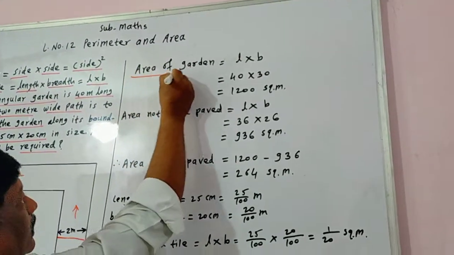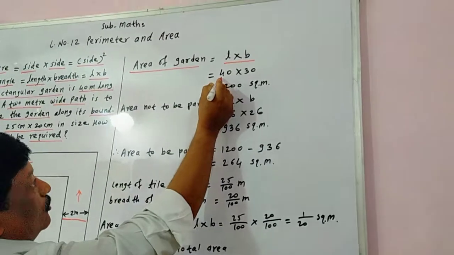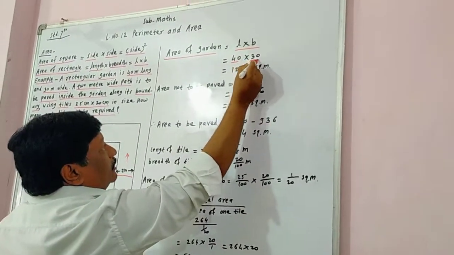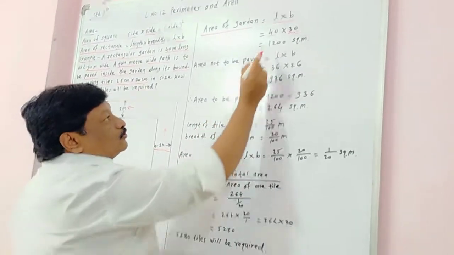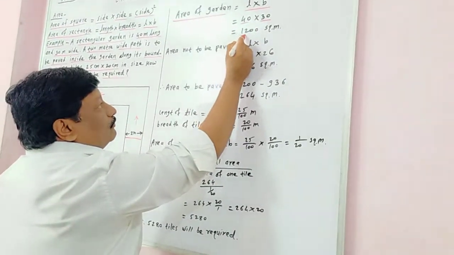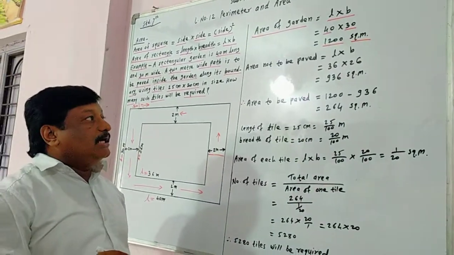Now area of garden equal to length into breadth equal to length of the garden is 40 and breadth of garden is 30. So 40 into 30 equal to 1200 square meter. This is the area of garden.